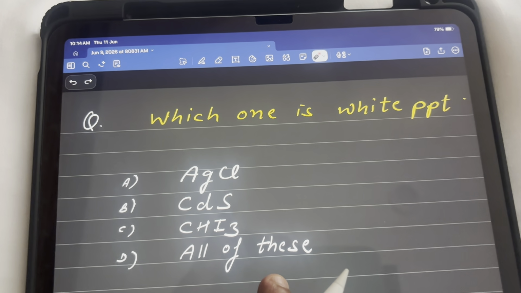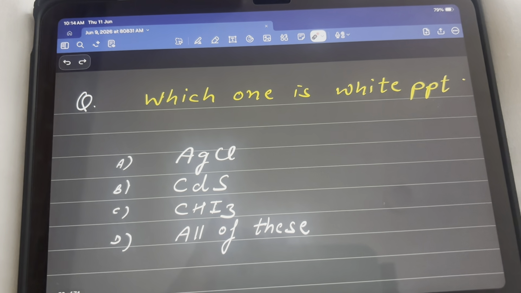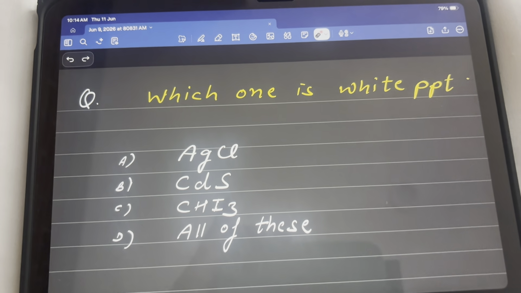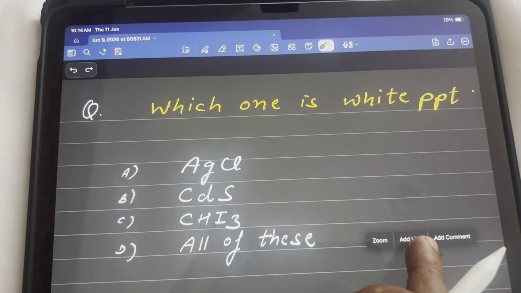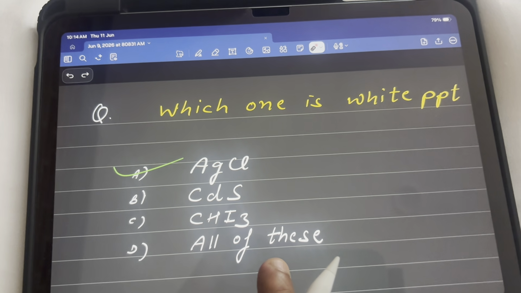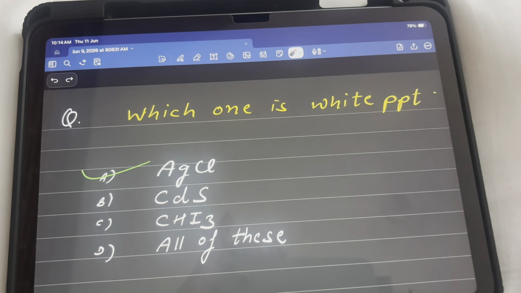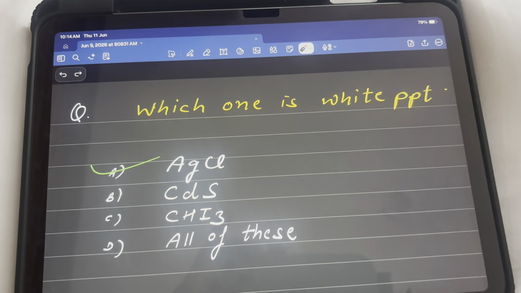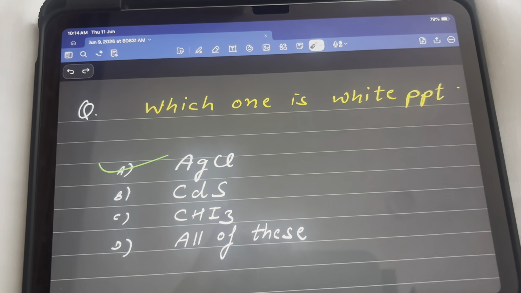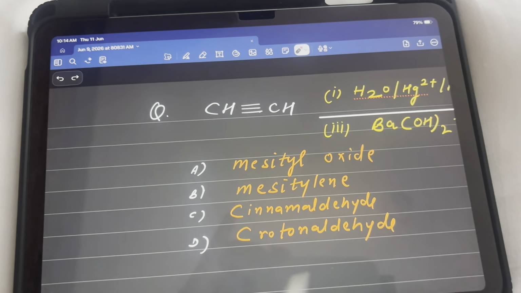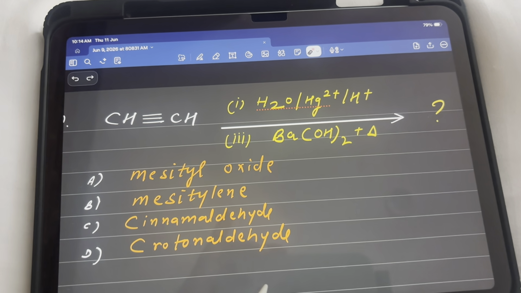Which one is white precipitate? The answer is AgCl. AgCl is white colored, cadmium sulfide is yellow, CHI3 is yellow precipitate. So maximum students have gone for all of these. That is your wrong answer. Another question on your screen.